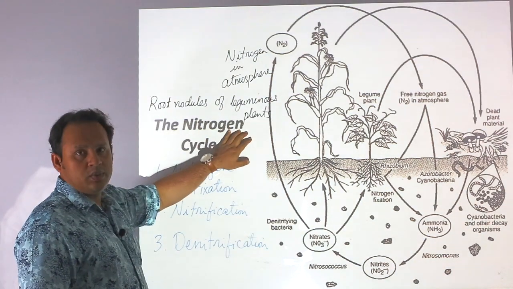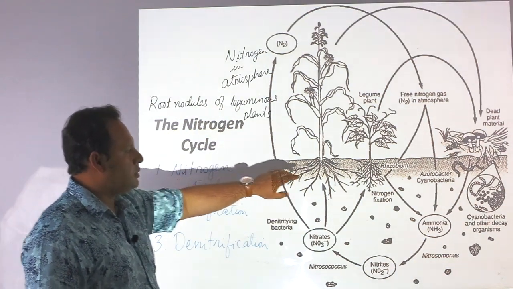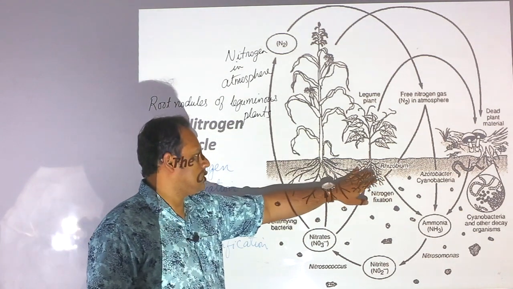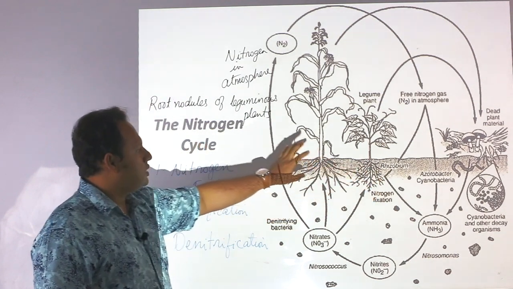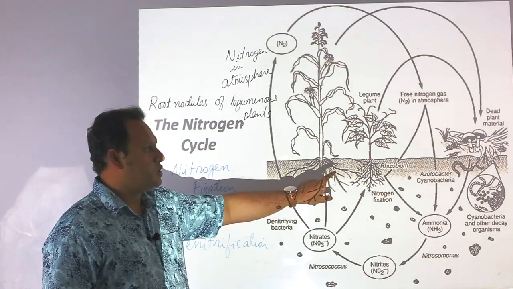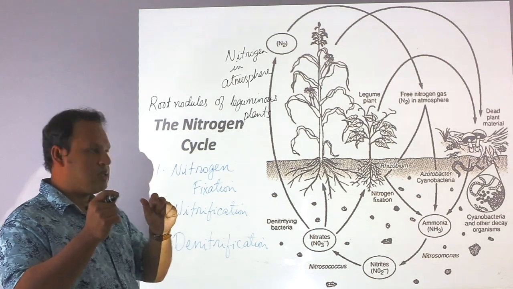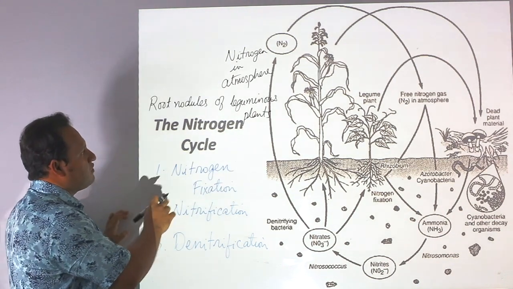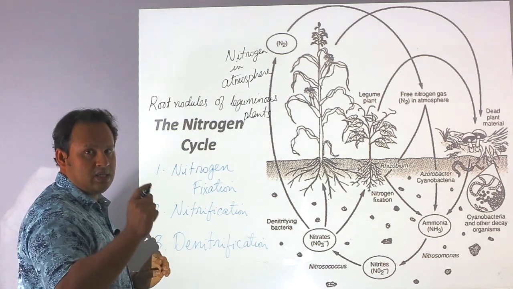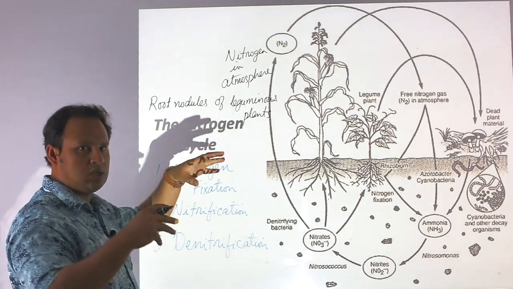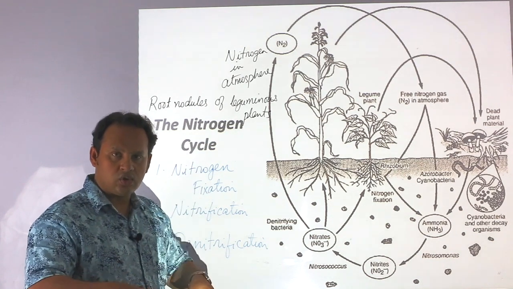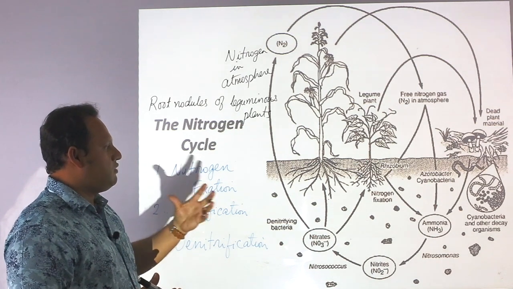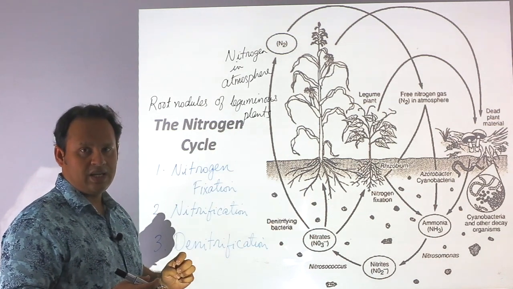Root nodules of leguminous plants, and here one example is given, which is called rhizobium. So if you know the name, it's okay. If you don't, it's fine. The leguminous plant's roots have swellings, and it's in those swellings that there are nitrogen fixing bacteria, bacteria that fix atmospheric nitrogen, which finds its way into the soil pores, and in the soil pores the bacteria use up that nitrogen to make ammonia, NH3.